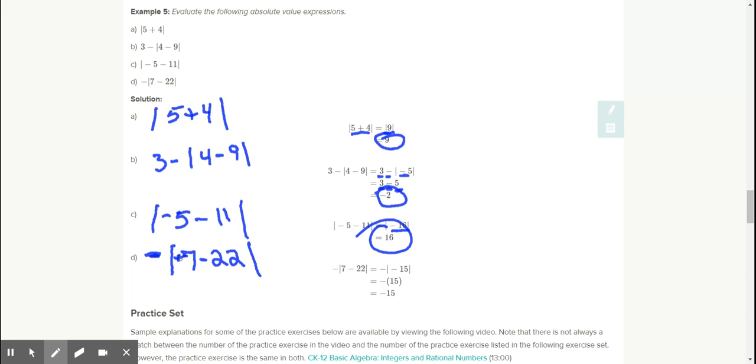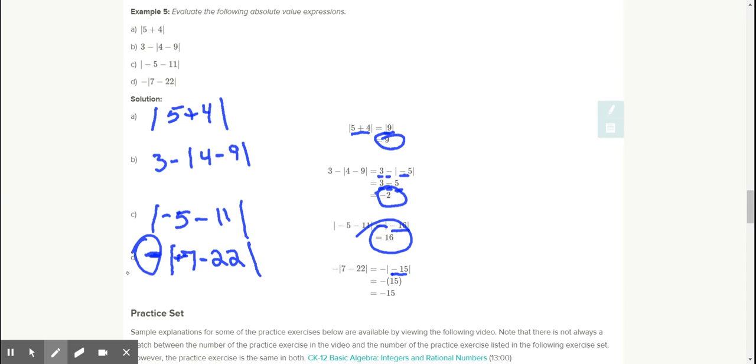When I have a positive and a negative, I have a tug of war going on. The 22 is negative, the 7 is positive. So I know I'm going to have to subtract, but I know negative is going to win because that one is bigger. So if I take positive 7, subtract 22, I get negative 15. And we went ahead and wrote negative 15 on the outside here.